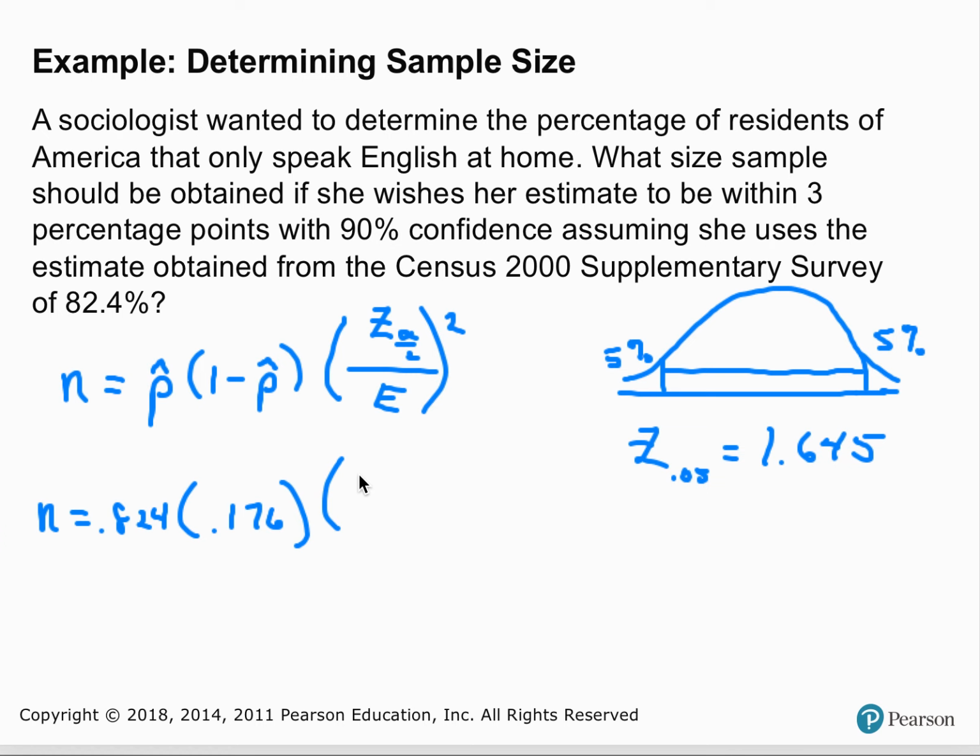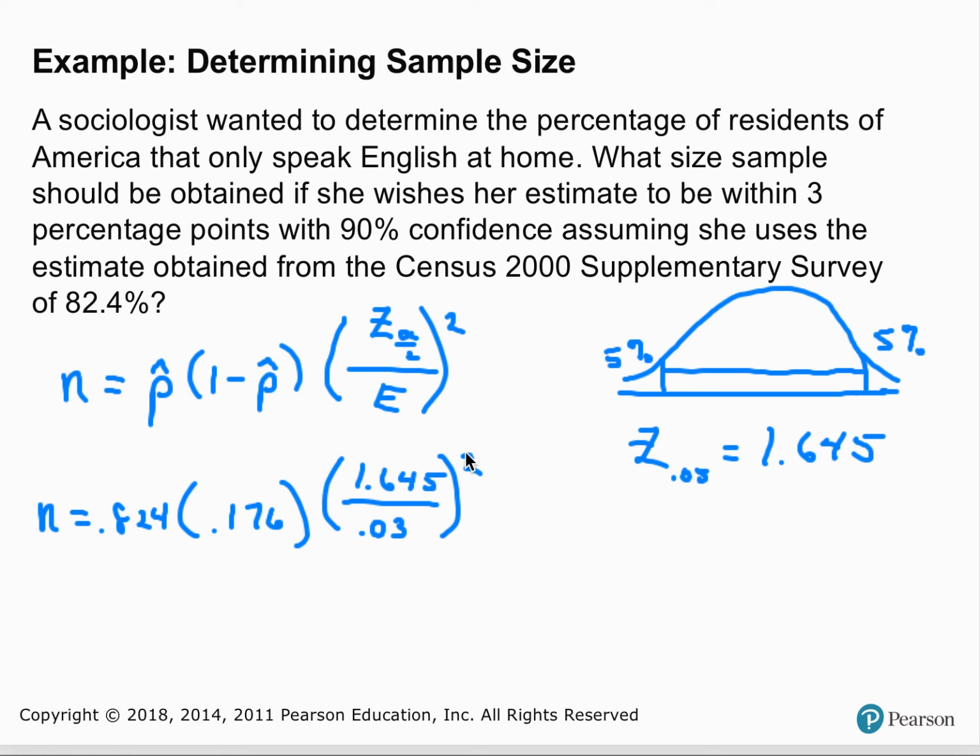So 1.645 over, now she wants her estimate to be within 3 percentage points. That's her margin of error. 3%, that's 0.03, squared.